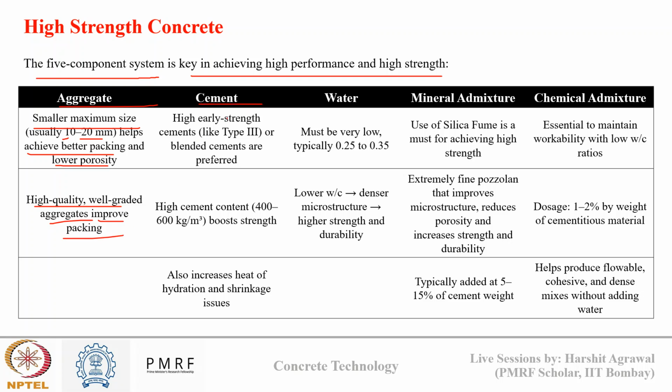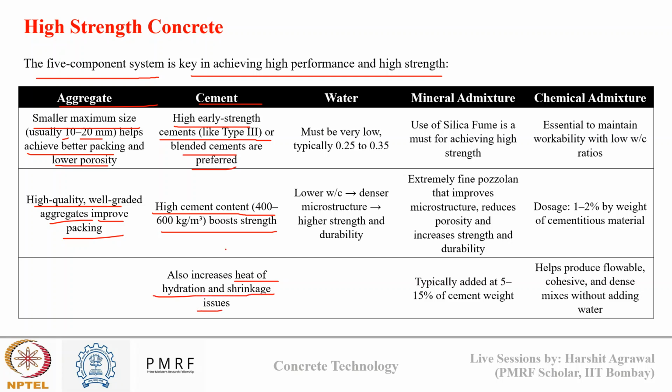Then cement. Generally, for high strength concrete, we use high early strength cement like type 3 cement of ASTM grade, or blended cement where silica fume, GGBFS or fly ashes are added. Cement content is usually high, 400 to 600 kg per meter cube, to boost strength. But one problem that comes with using high early strength cement or a high dosage of cement is the heat of hydration and shrinkage issues.